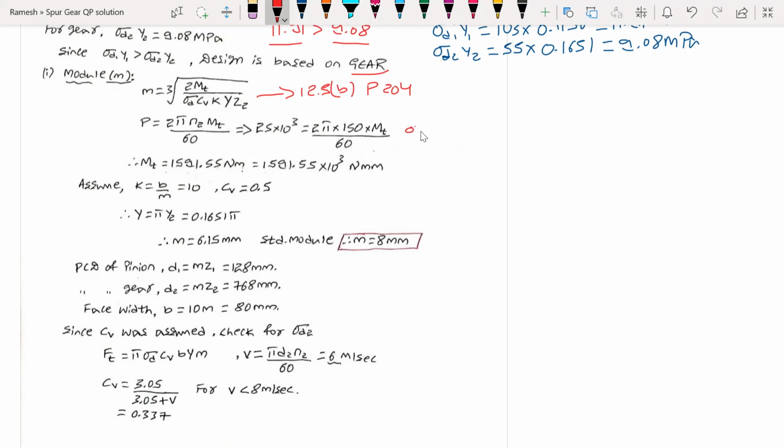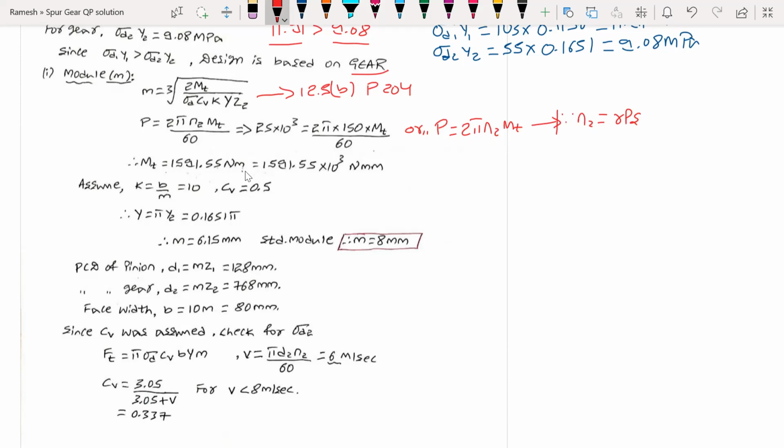Or you can use one more formula, P is equal to 2 pi N2 into MT. In this case, N2 should be in RPS. Then only you can use this equation. Otherwise, you have to use this one, so I have divided it by 60.